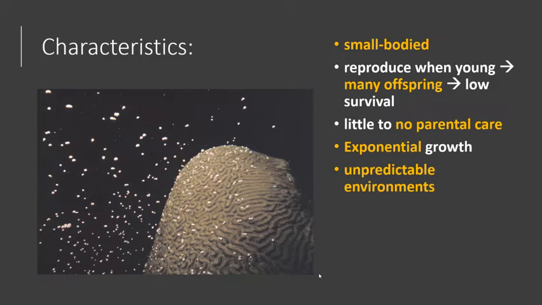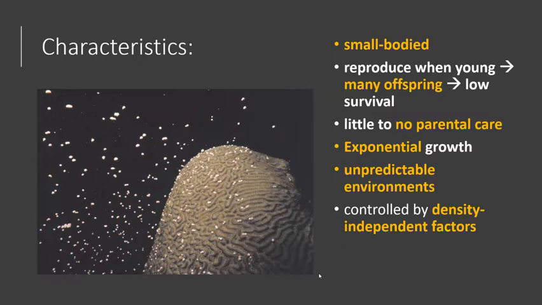And they can survive in unpredictable environments because of mutations within their gene pool. By producing many, many offspring, it's more likely to produce some offspring that would adapt to an unpredictable environment. Finally, they tend to be controlled by density-independent factors.